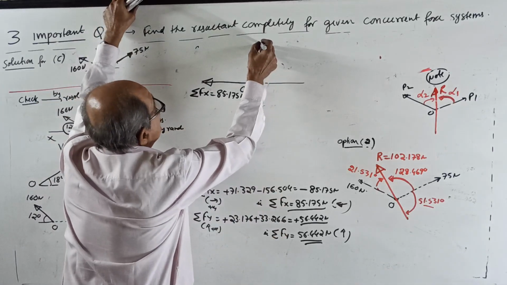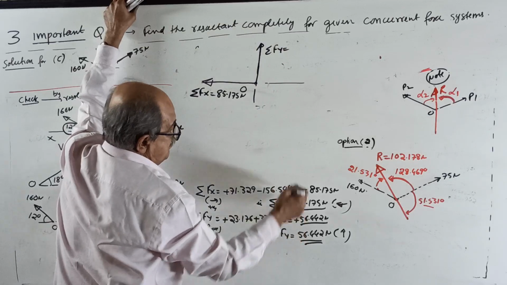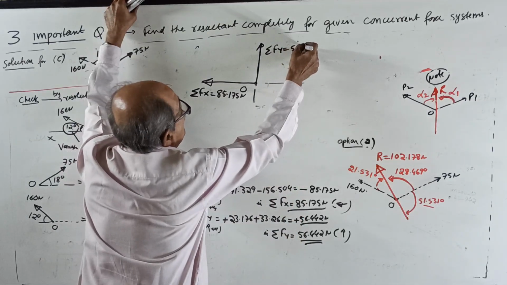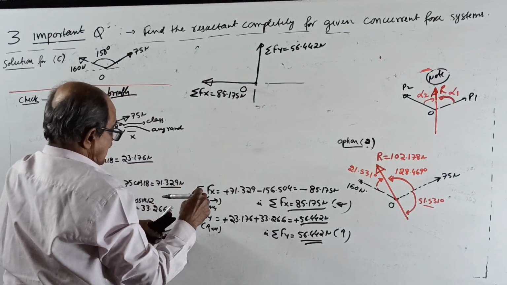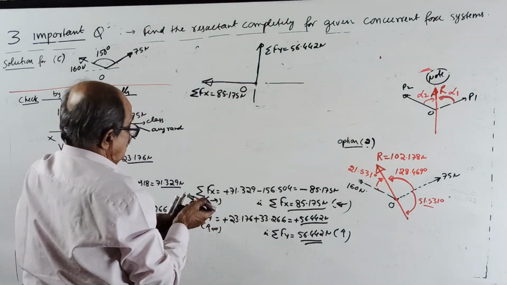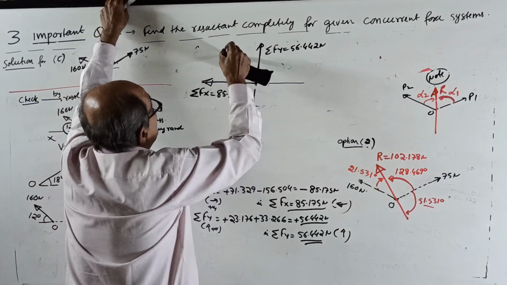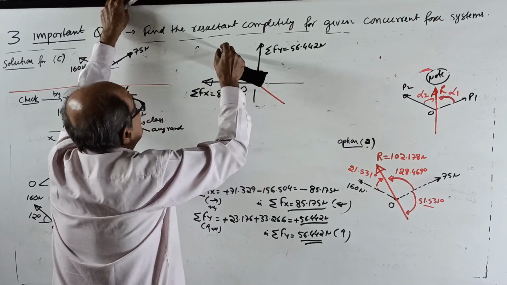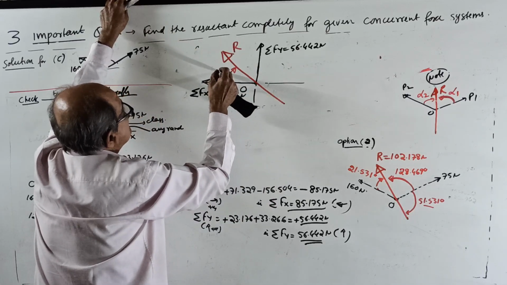Sigma Fy is 56.442 Newton. Therefore, now the resultant will be in between. Mark it here. Okay, now again color problem. The resultant will be more this side. This is the resultant R. This angle I will call alpha x.